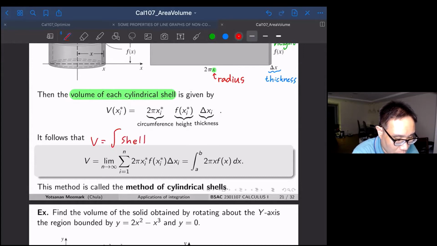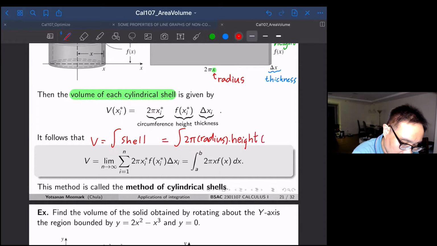Okay, so it's going to be the integral of the shell, and this is going to be 2 pi radius multiplied with the height. Okay, and you have the thickness to be your dx or dy.